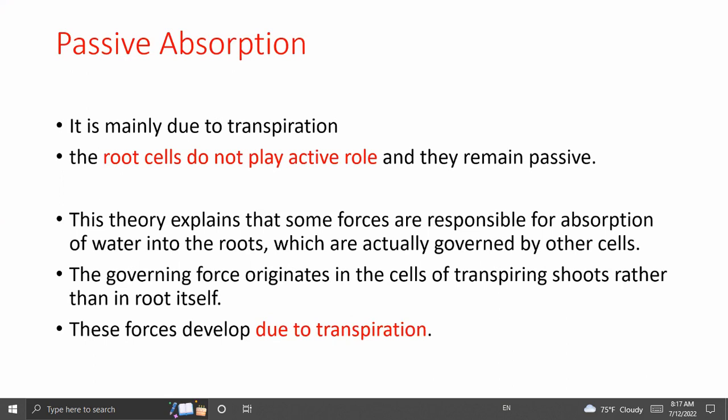Like when we drink soda, we drink soda by giving a force. So the transpiration gives force to absorb water from the soil.